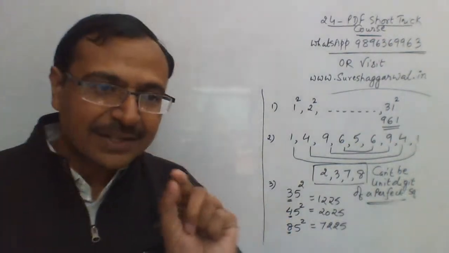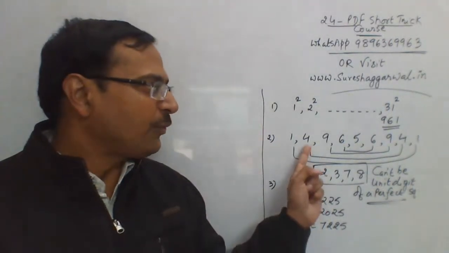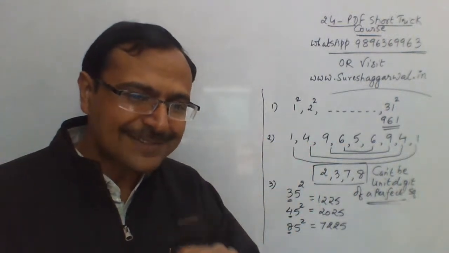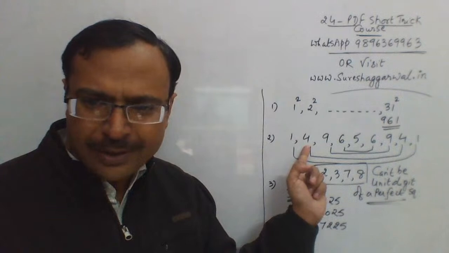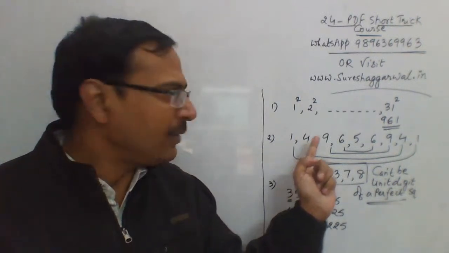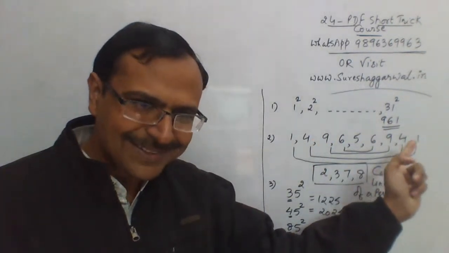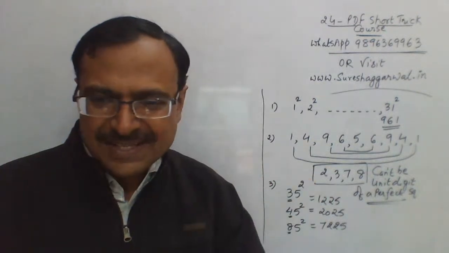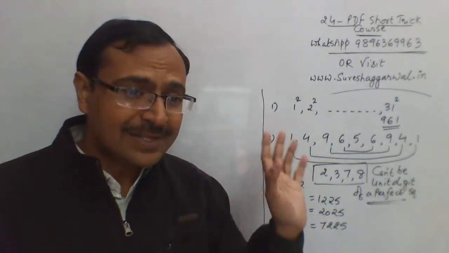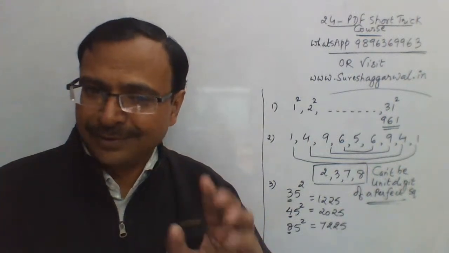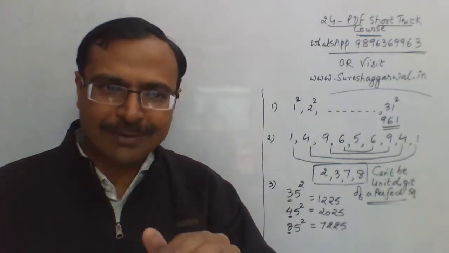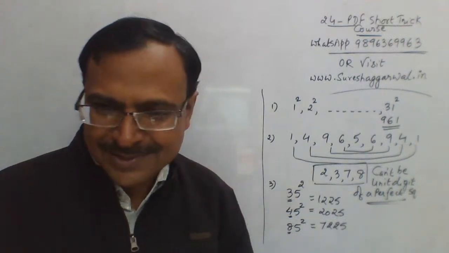So if the number ends with 4, there are two possible answers. Either the number will end with 2 or the number will end with 8. Just trust me, these three concepts are going to prove like a boon for all of us who are trying to develop the speed of calculations.